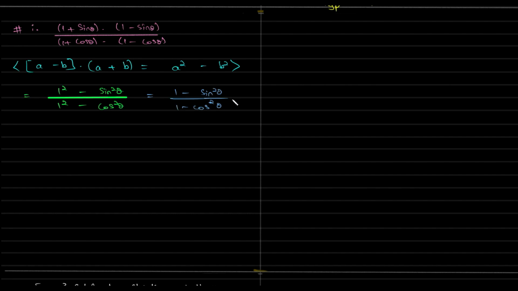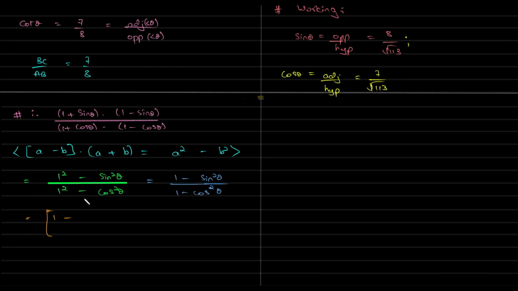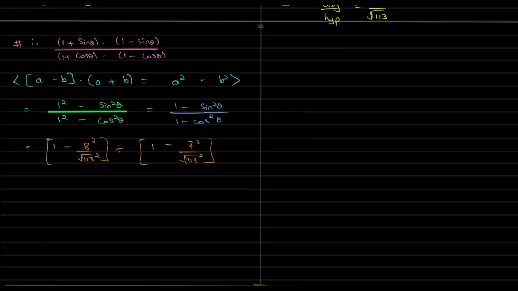Substituting it over here is much easier than the other one. So 1 minus sine square, sine happens to be 8 by square root of 113, the whole square, divided by 1 minus 7 by square root of 113, the whole square. So we have this to be 1 minus 64 by 113 divided by 1 minus 49 by 113.